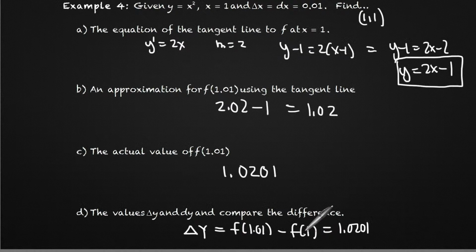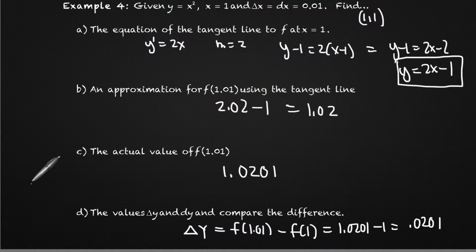And the real value of f of 1 is just 1. So the real change in y on that graph as you move from x equals 1 slightly to the right to x equals 1.01, the change in y is going to be 0.0201.